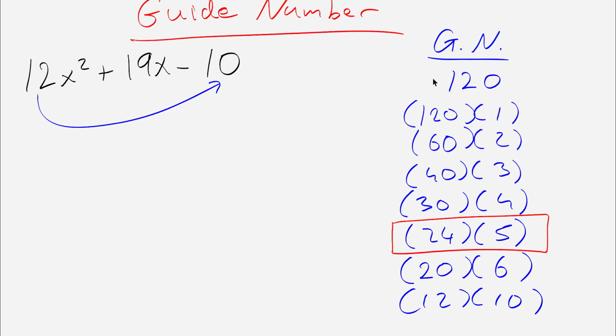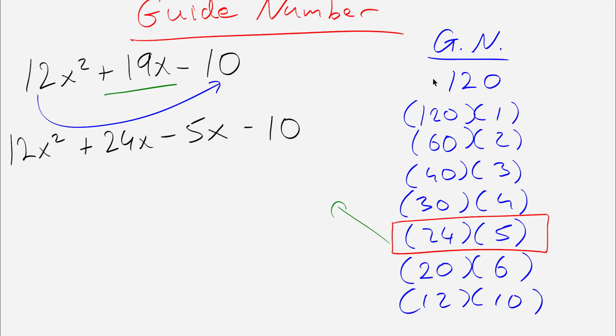So we're going to rewrite this quadratic trinomial, 12x squared, and we're going to split our 19x up according to what we have here. So 19x, I'm going to call that plus 24x minus 5x. And then we still have our minus 10 at the end. Okay, so now we can factorize by grouping.